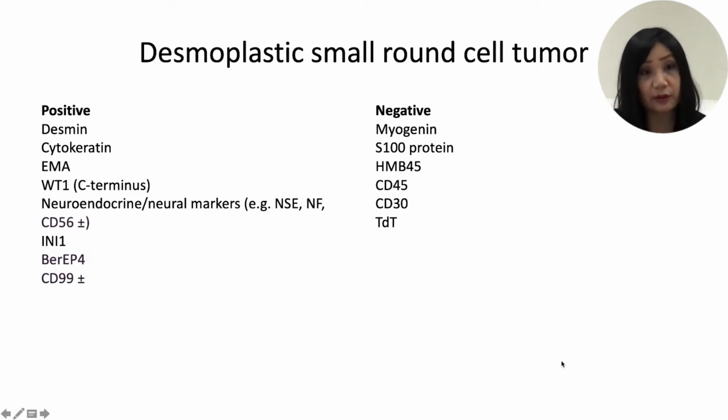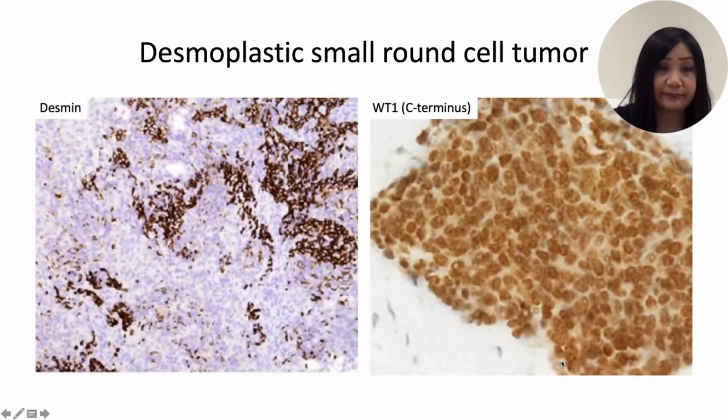There is variable neuroendocrine or neural marker expression, INI1 is retained, and also variable CD99, but not the characteristic strong diffuse expression that we see in Ewing sarcoma. Negative, other than myogenin and MyoD1, are S100 protein and other melanocytic markers and hematolymphoid markers.